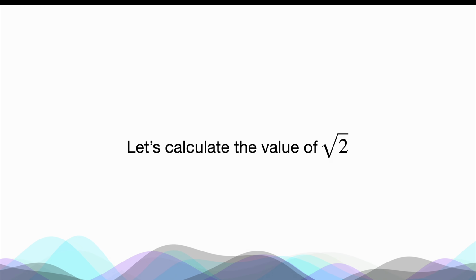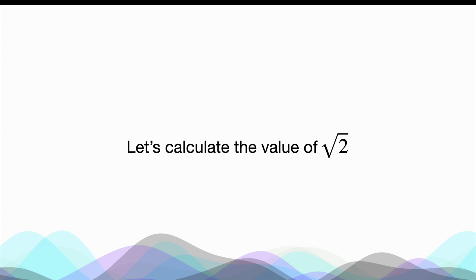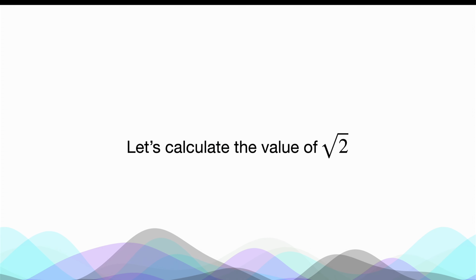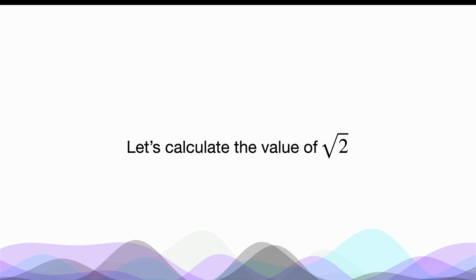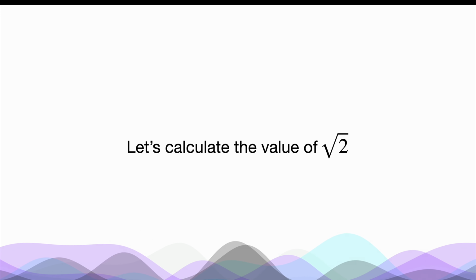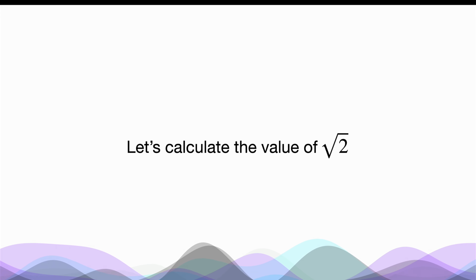Now let us look at the square root of 2. Again, I am not going into the details of how we are calculating it. I will quickly go through the actual calculation of root 2, but I will not dictate the step-by-step procedure.